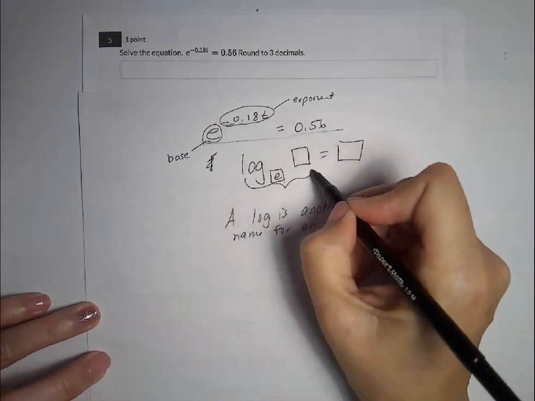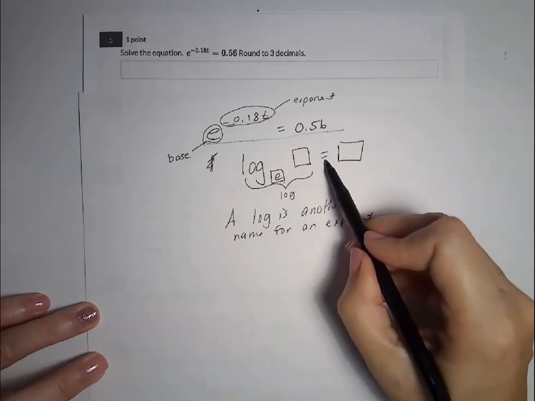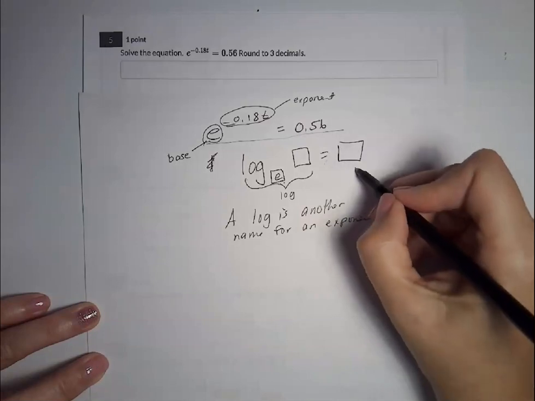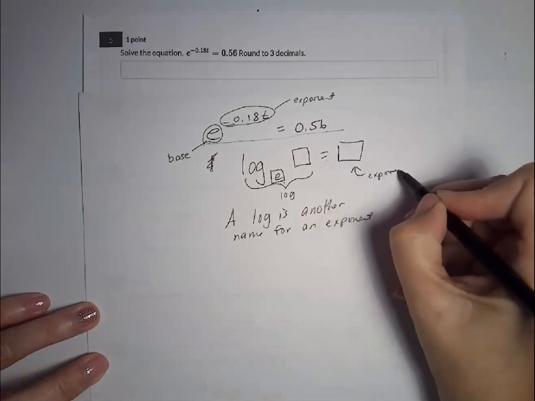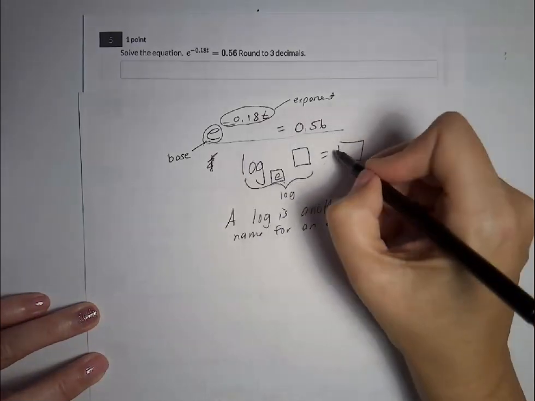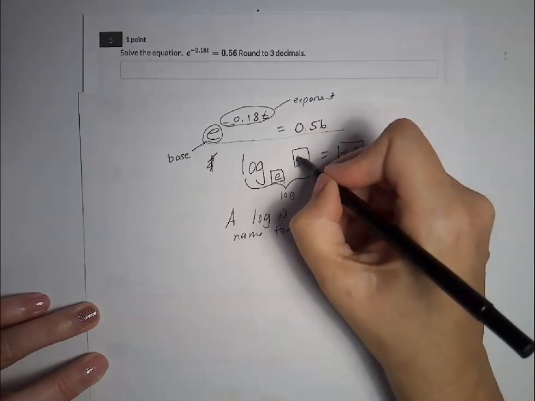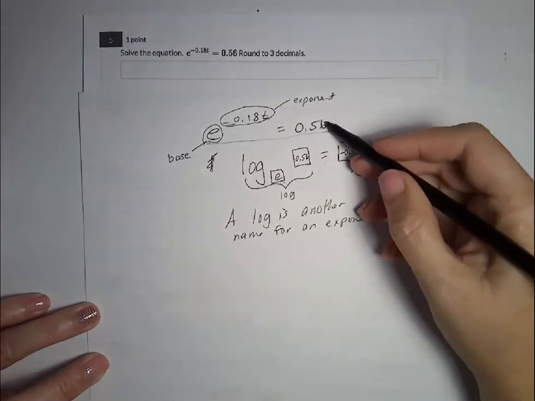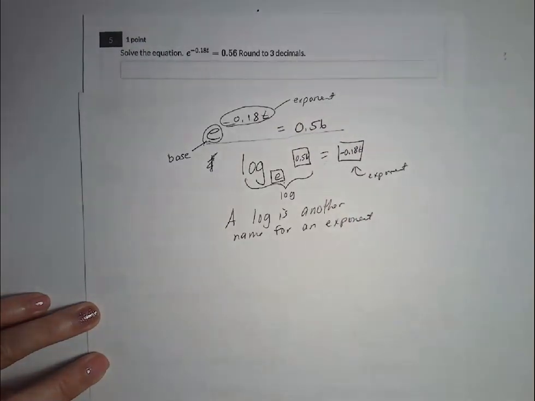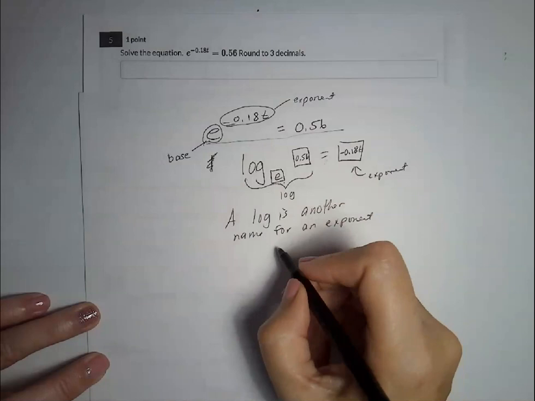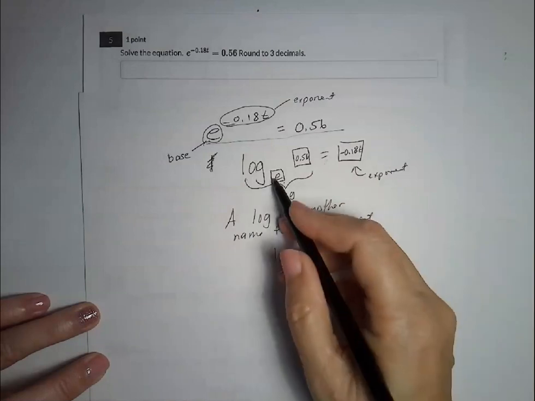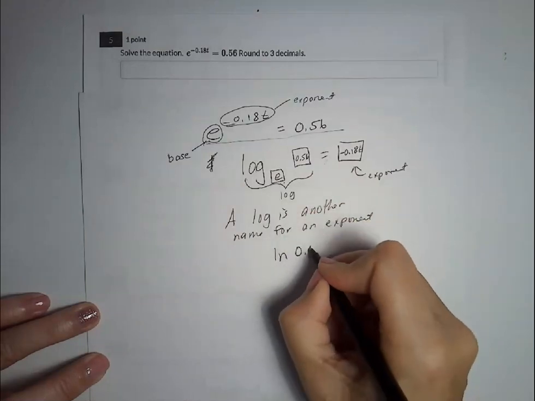A log is another name for an exponent. So that means my exponent will go right here on this side. And then my argument will be on the other side of the equation. So I just filled it in. Now I know that log base e is natural log. That's another name for natural log.